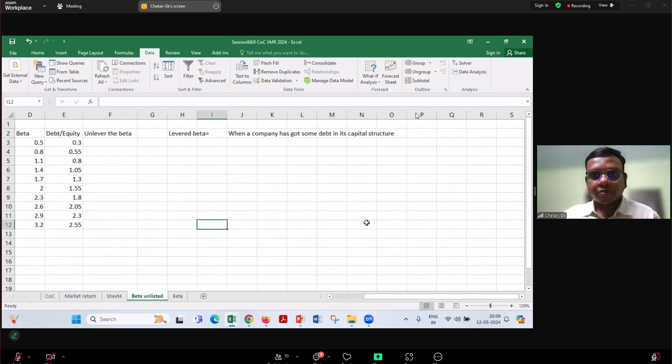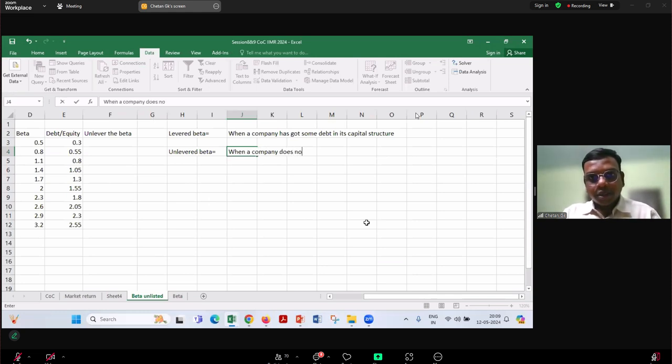Understood? No? What is a levered company? What is an unlevered company? Okay. So when a company does not have any debt in its capital structure, then it is called an unlevered company.